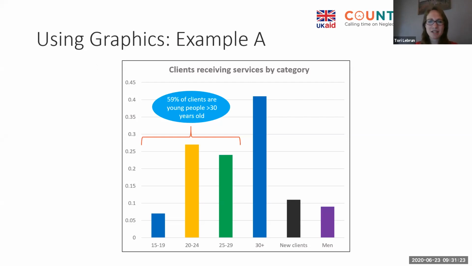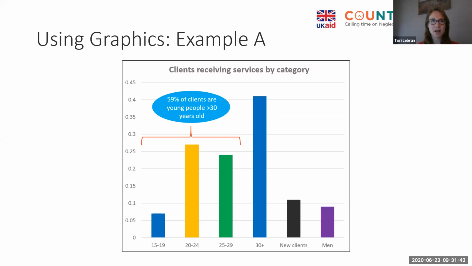So moving on to this example here, this is an example of graphics. I really wanted to spend a minute here talking about how to make your graphs and charts easily understandable and easy to digest.